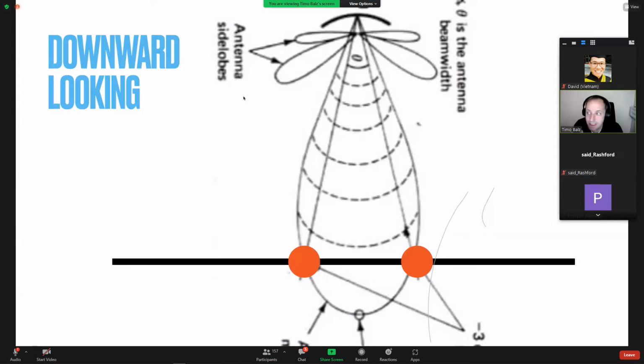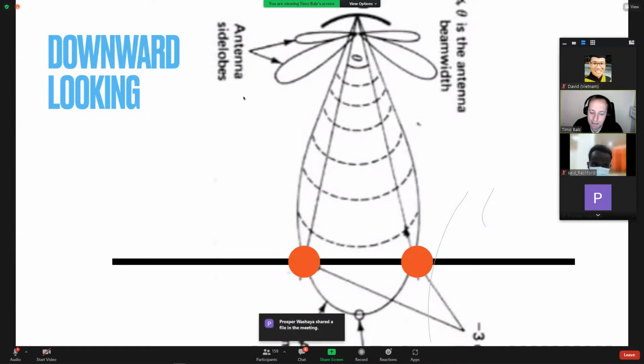So the signal reflected from these 2 points, the reflection, will come back to the sensor at the same time. That's to say, we cannot separate now the left side from the right side of the radar. These would come back at the same time.